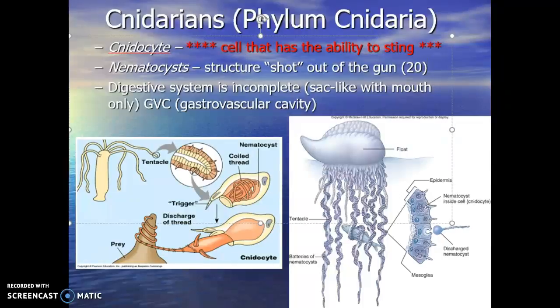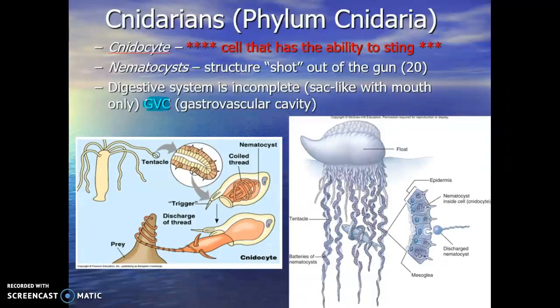There's over 20 different known nematocysts in the marine ecosystem. Some of them are going to be little harpoons, others will be sticky threads, some of them have toxins. There's this whole spectrum of different things associated with the nematocysts, what they're shooting out.